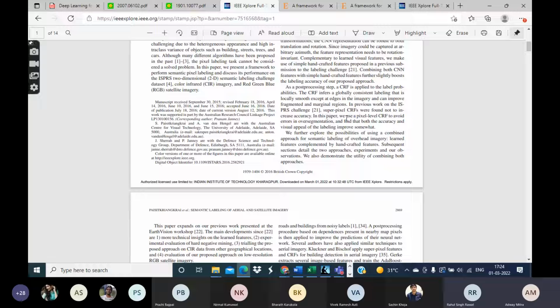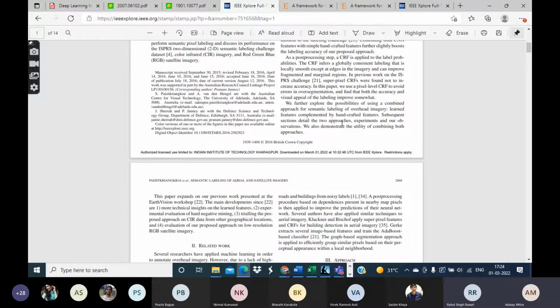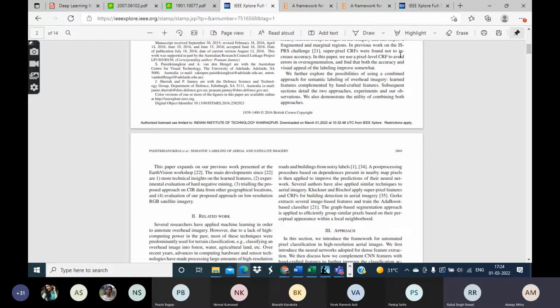In this paper, we use a pixel-level CRF to avoid the errors of over-segmentation. Over-segmentation means you go into segmentation at unnecessary or irrelevant details. For example, if you are considering pixels which belong to a car, the pixels belonging to the window and the pixels belonging to the body will have different intensity values.